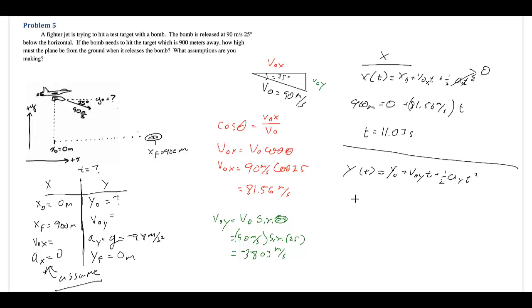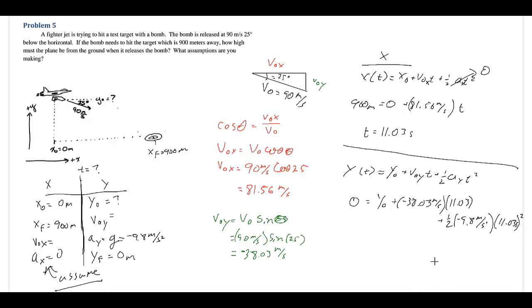We know that y of t is equal to 0, is equal to y naught plus negative 38.03 meters per second, times t, which is now 11.03, shoot, I'm going to go a little long, plus 1/2 negative 9.8 meters per second squared, times 11.03 squared.